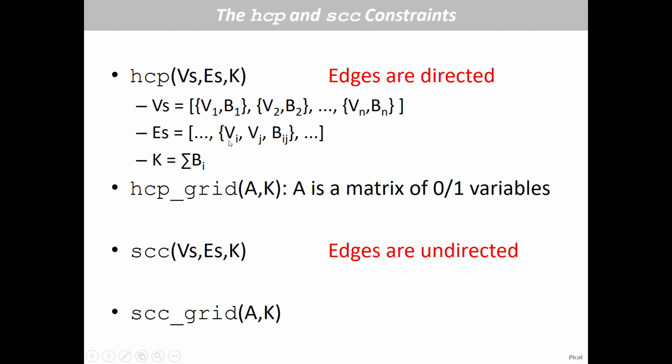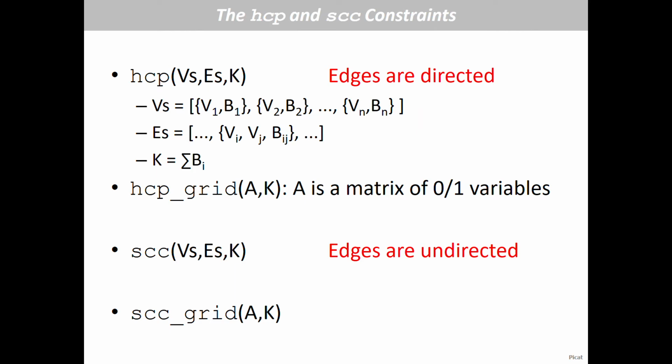And each arc vi, vj also comes with a characteristic variable bij. The variable is 0 if the arc is not in the subgraph, and it is 1 if the arc is in the subgraph. And the argument k indicates the cardinality of the subgraph, the number of vertices in the subgraph. So the constraint HCP is satisfied if the subgraph forms a Hamiltonian cycle.